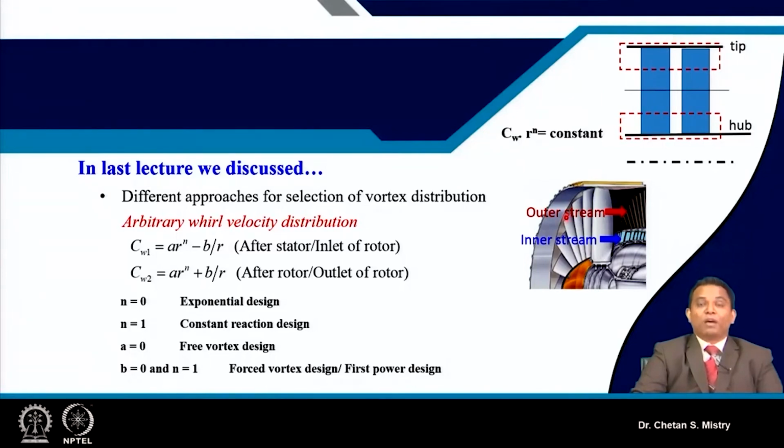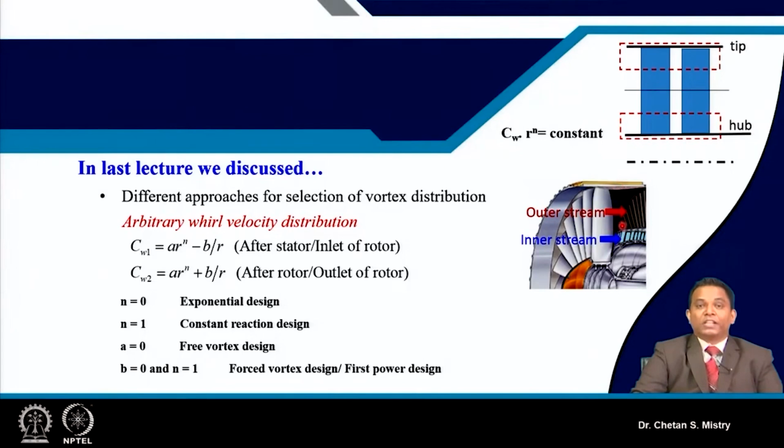Then we discussed the application of our vortex equation. For it to be applicable, it needs to satisfy the assumptions we have made. Consider a high bypass ratio fan, where the flow coming out of the fan enters the core engine; there the pressure rise requirement is comparatively low.